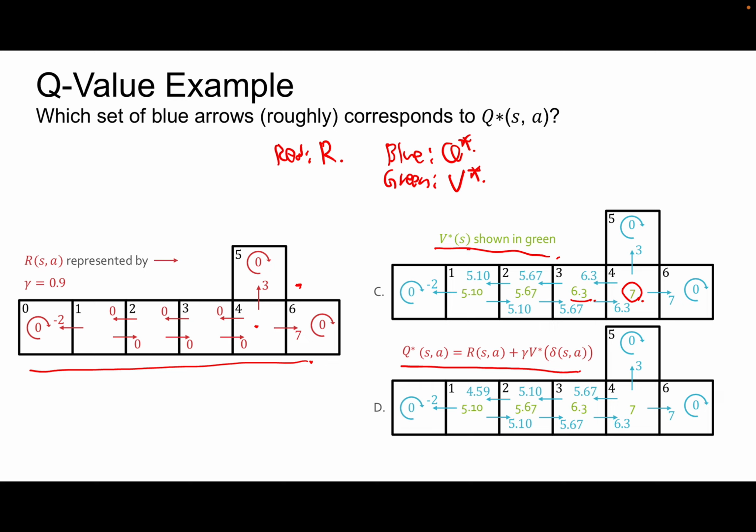So 6.3 comes from entering state 4. It gives us 0 reward, right? And we already computed the optimal value function for state 4, so 6.3.